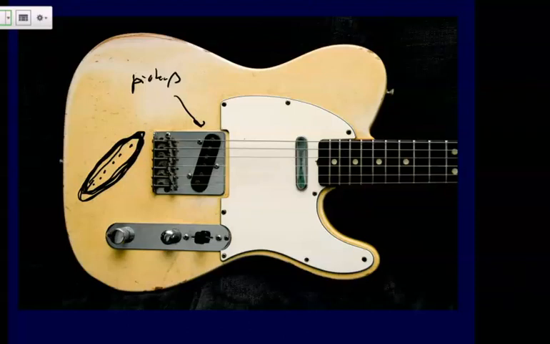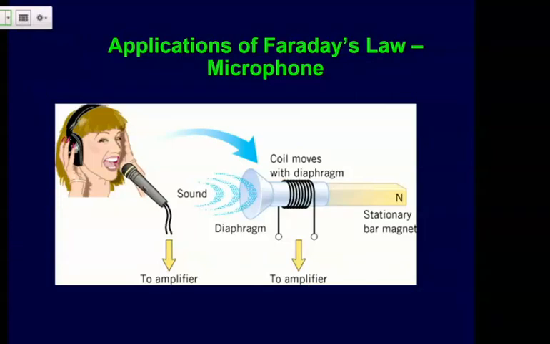It doesn't actually need power itself. The signal it creates is from application of Faraday's law. Of course you need something to amplify that signal, but the actual thing works based on this principle.